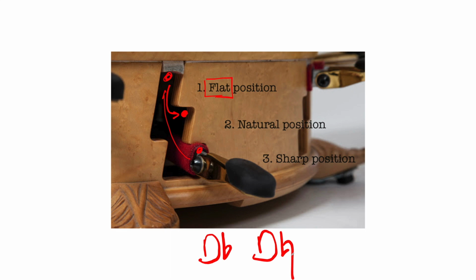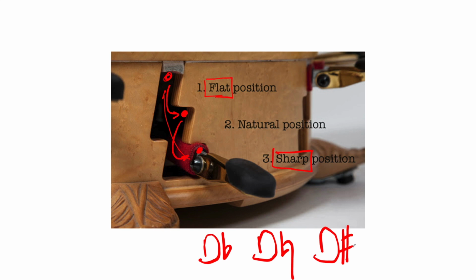That means we will not have any D flats and any D sharps. And if we change the position of the pedal from the second position or from the first position directly to the third position, then all these will be sharp.